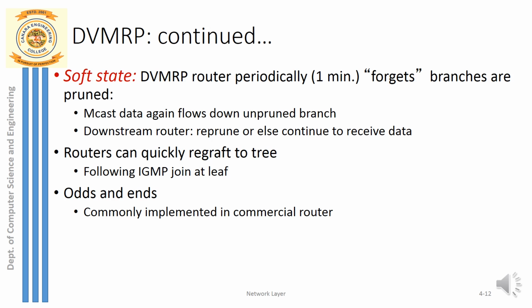And you can see here, something is happening in DVMRP. In DVMRP it always forgets the branches that are pruned. What is the meaning of that? See here, this is a first router which is a part of multicast, and this is a second router which is not a part of multicast. Again we have the third router which is a part of multicast.